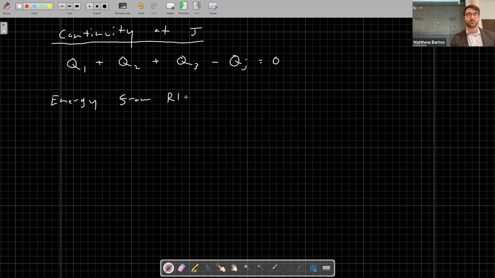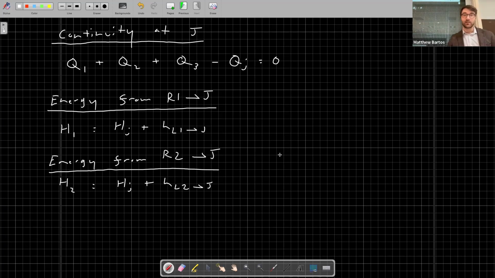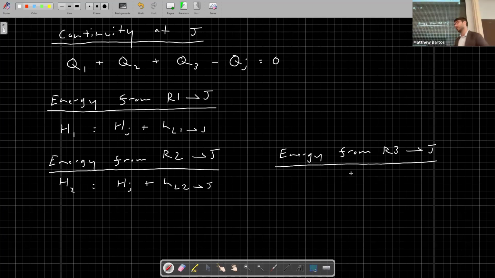So that's from reservoir 1 to J. So we have H1 is equal to HJ plus the head loss from 1 to J. We have energy from reservoir 2 to J. So in a similar fashion, the head at reservoir 2 is equal to the head at junction J plus the head loss from reservoir 2 to J. And then we have energy from R3 to J. Previously, when we did this example with just the reservoirs, we wrote this as H3 is equal to HJ plus the head loss from 3 to J.